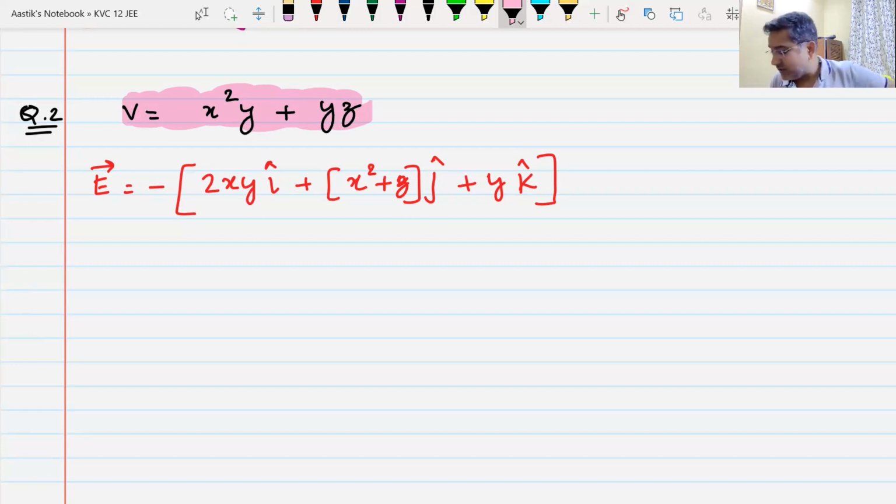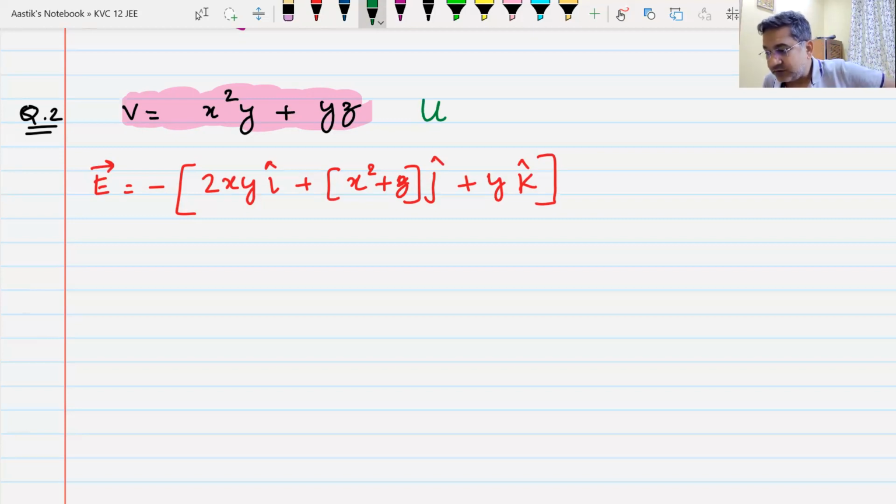Instead of this potential function, you can have the function of potential energy. Now this question can come in electrostatics, in gravitation, in work, power and energy. You could be given a potential energy function, and from there you are supposed to find out the conservative force. This is the same question.